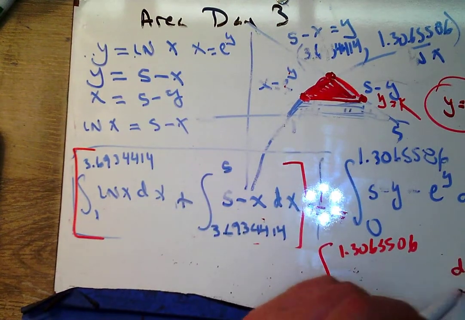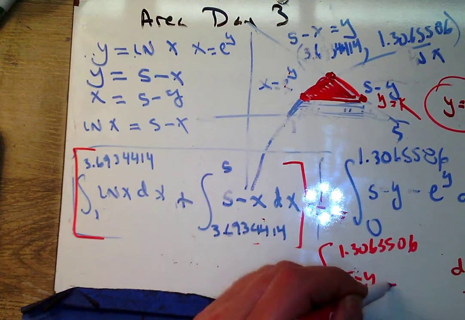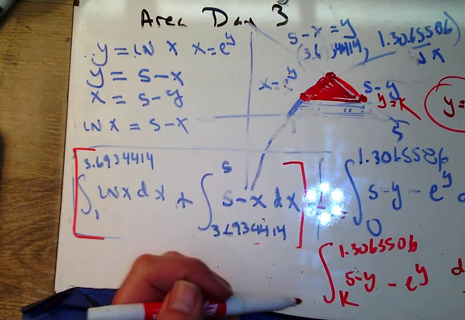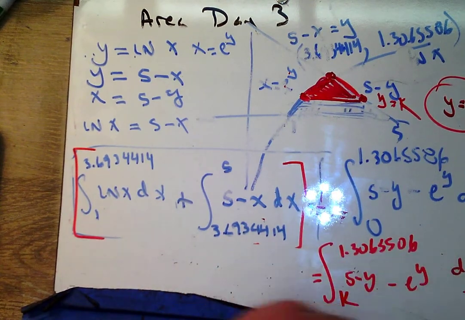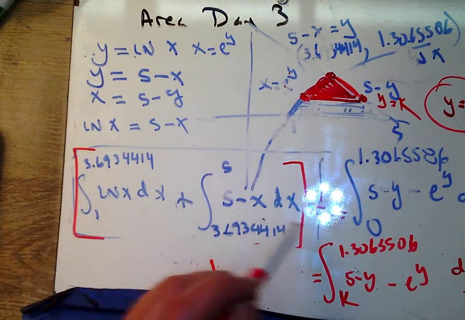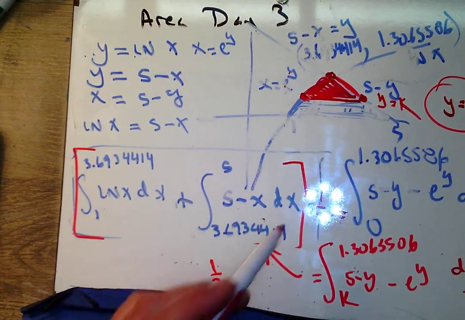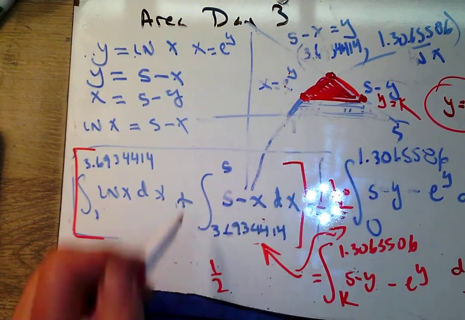Yes, these are dy's, and I want 5 minus y minus e to the y. Yeah, I think that's a lot easier, and that's supposed to equal half of this area that I already found by one of these methods. Half of one of those things.